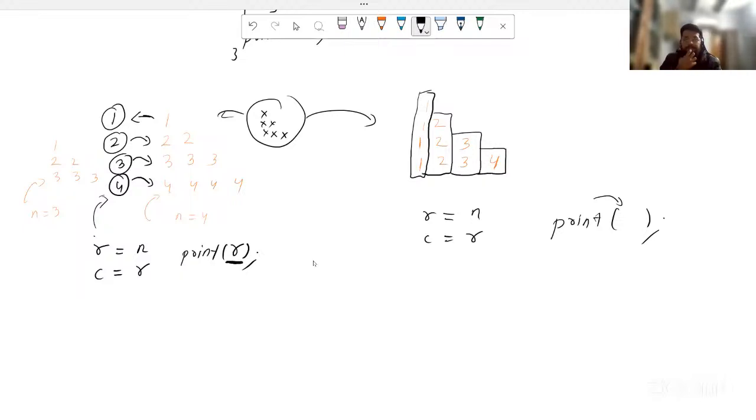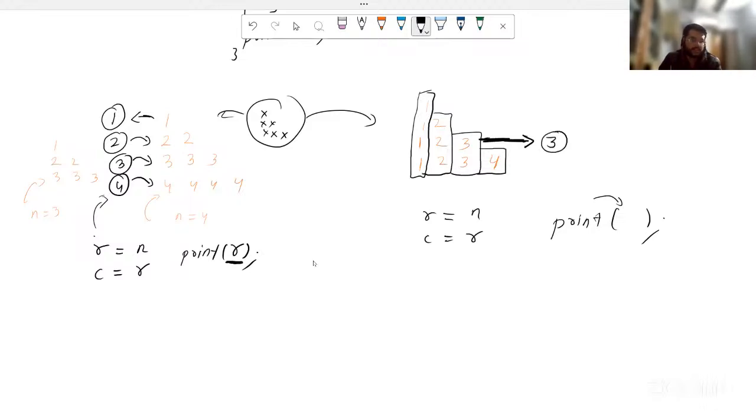Anyone? Riazul? Okay, Ruth, your answer is right. C is equal to R plus 1. Okay. See, can I say that for this entire row, the value of R is fixed? That will be 3.